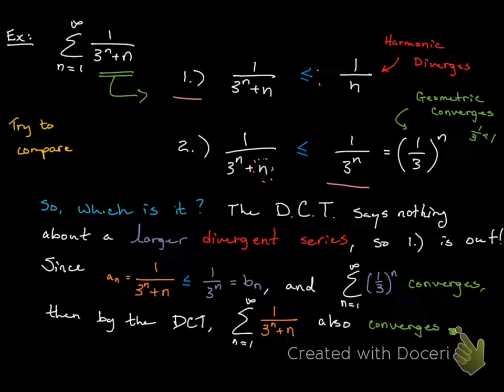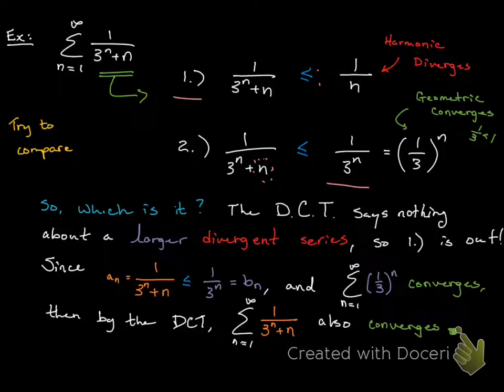I compared to a geometric series that's larger. And notice I didn't just make up 1 over 3 to the n. It was already embedded in the nth term. I didn't say 1 over 2 to the n, or 1 over 6 to the n. I used 1 over 3 to the n, something that was already part of my series. So very frequently, I'm just taking away pieces to find something that's similar.